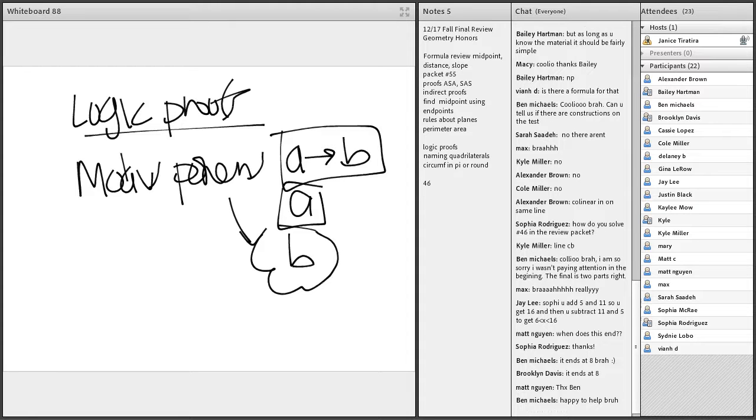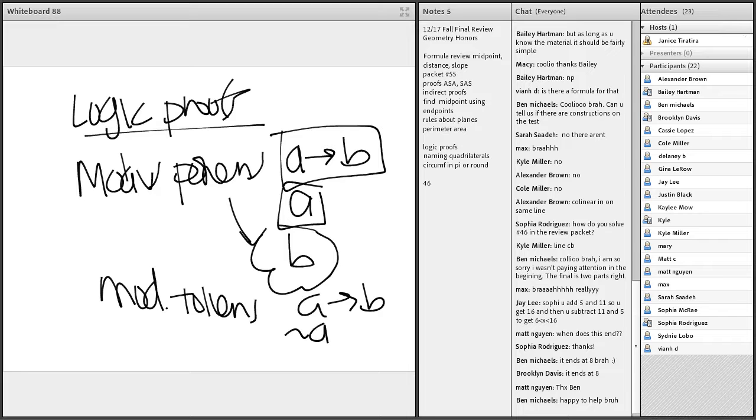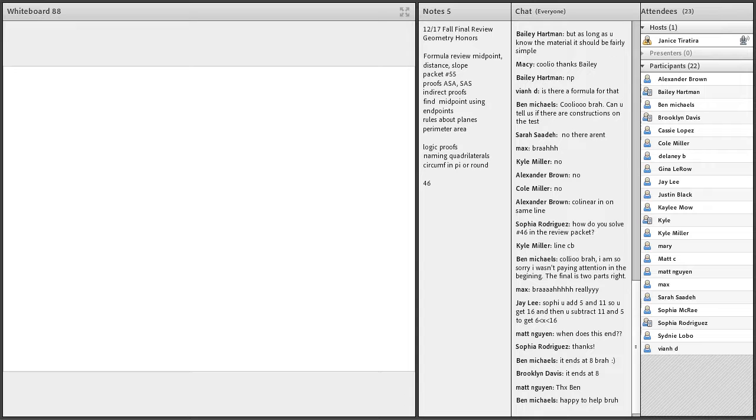That's modus ponens. Modus tollens is backwards, where you're given not the last part, so not B, and then the result is not A. So that's modus tollens. That's the big difference. So you have to have arrows. You have to have another given, 2 givens.